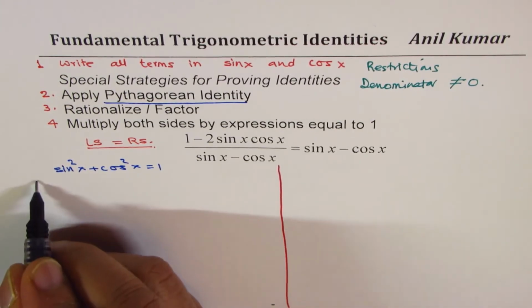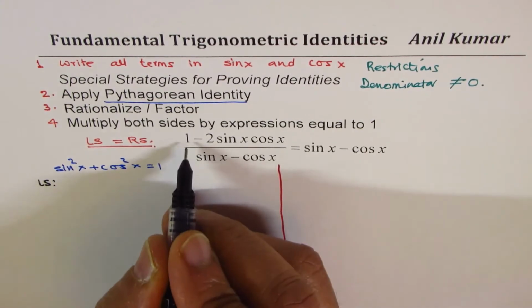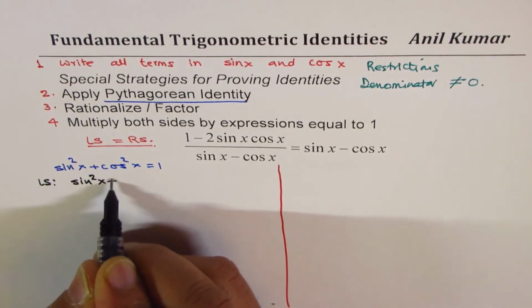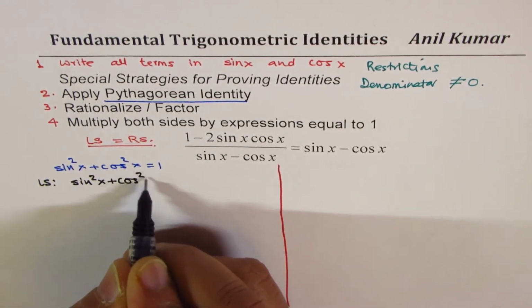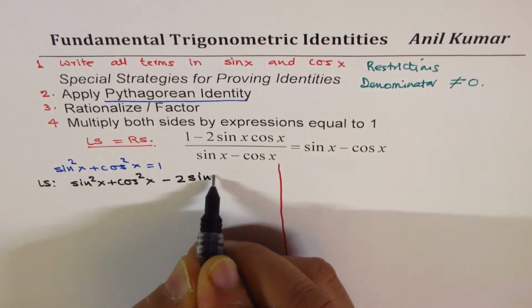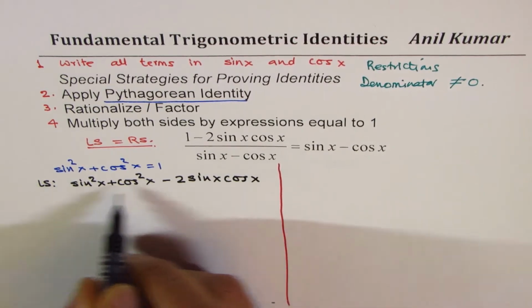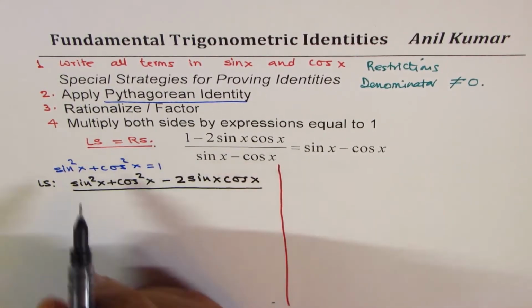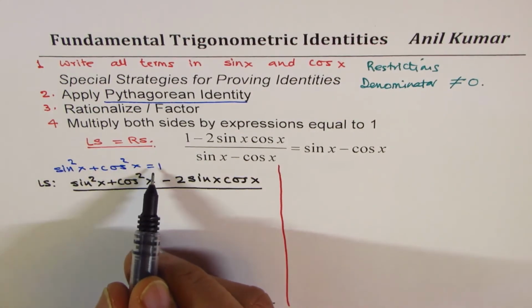If I do so, the left side could be written as: I'm replacing 1 with sin square x plus cos square x, and we have minus 2 sin x cos x. Do you see that? I've started with the left side and replaced 1 with sin square x plus cos square x, which equals 1.